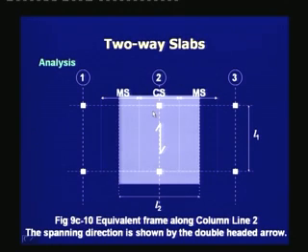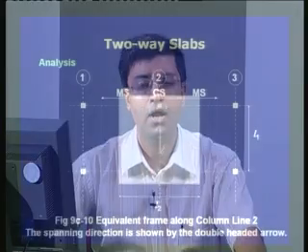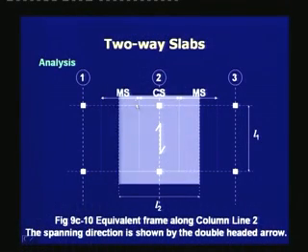Now the equivalent frame is further divided into a column strip, which is the central half of the equivalent frame around the column line, and the two portions which lie outside the column strip are referred to as middle strips. Note that each middle strip consists of two portions from two adjacent frames.